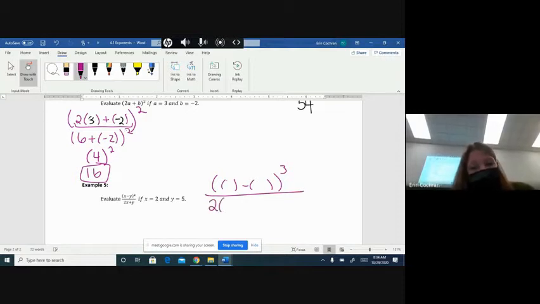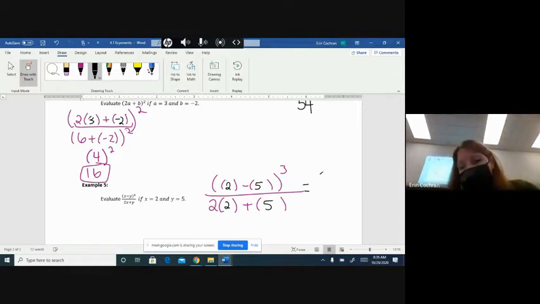And 2x again means 2 times, right? So what is replacing my x in this problem? 2. What is replacing my y? 5. All right, so let's work at the numerator first. In the numerator, am I going to do 2 minus 5 first, or am I going to take 5 cubed first? 2 minus 5, okay?